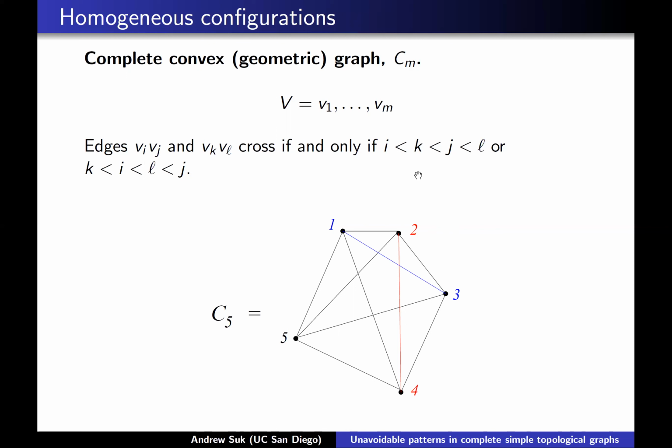So in other words, when i is less than k is less than j is less than l, or when k is less than i is less than l is less than j. In this picture here, I highlighted 1, 3, and 2, 4, which is clearly crossing.